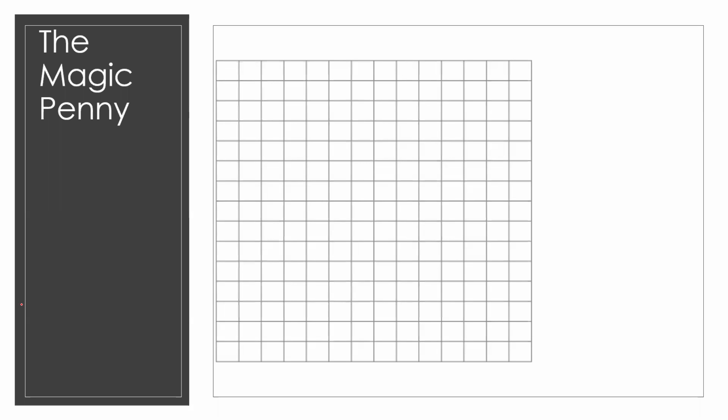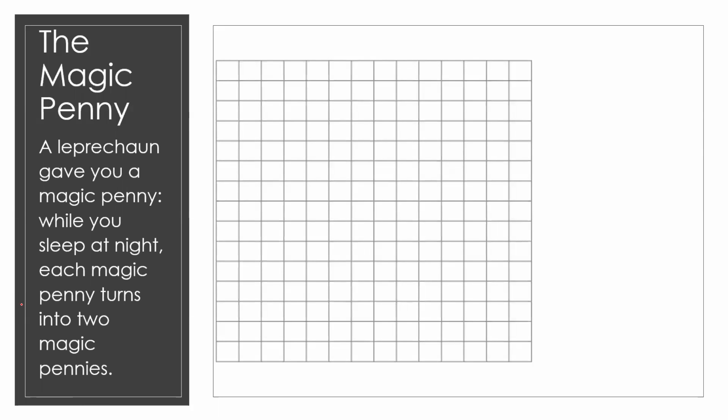Okay, now you go home, you place the penny under your pillow, hoping something magical gonna happen because he did promise you wealth, right? So, okay, I'm not very good at telling stories, as you can see, but here's the underlying part of the story. The leprechaun gave you a magic penny. So while you were sleeping at night, each magic penny turns into 2 magic pennies.